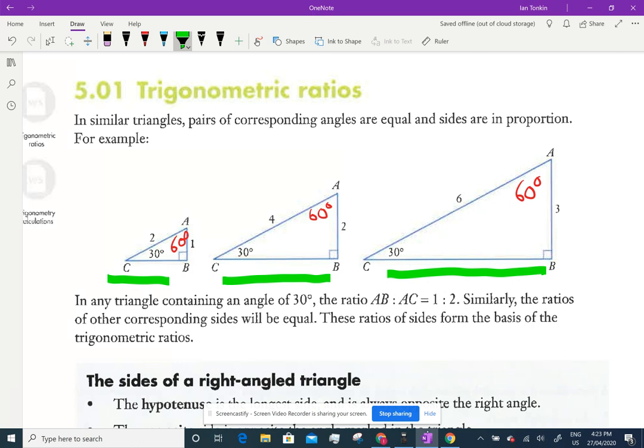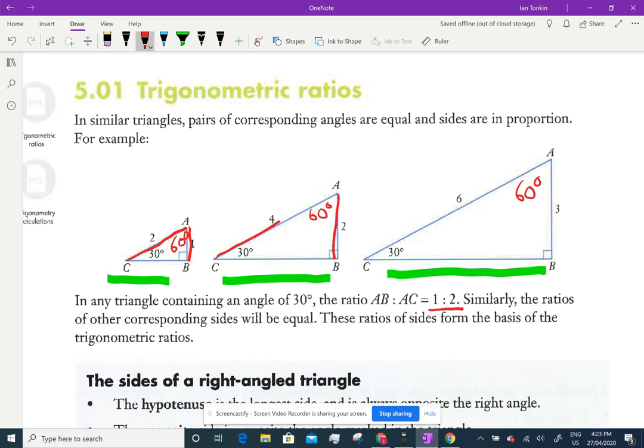And as you can see, it's in a ratio of 1 to 2. So it keeps getting bigger, but the angles don't change. Remember that the angles don't change. But what is preserved is the ratio of each of these sides. That side to that side is 1 to 2.